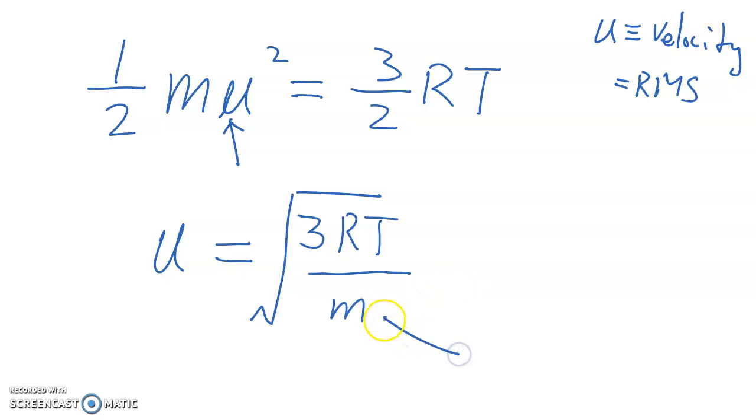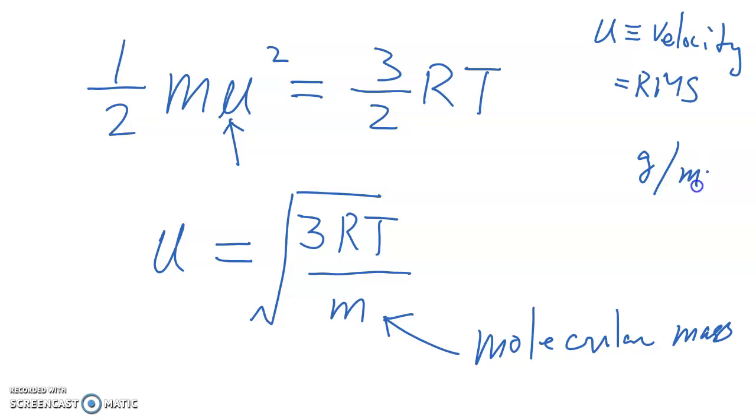M is the molecular mass, or we can say molecular weight. It typically has the unit of gram per mole, from what we have seen before. Since we are going to use everything in SI units, we prefer to have kilogram per mole.